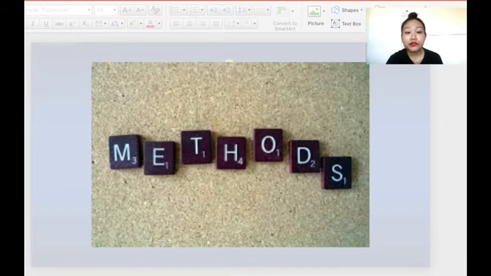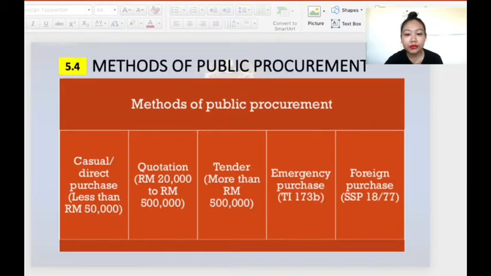Alright, first of all, what exactly is the method of public procurement? These are all the types of public procurement. So class, what exactly is the method of public procurement? We already know that procurement is the purchasing of goods and services for public purposes.